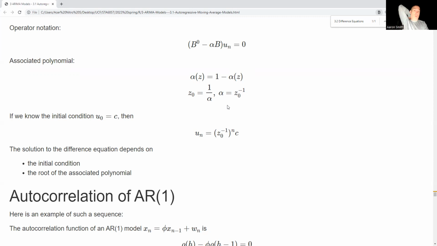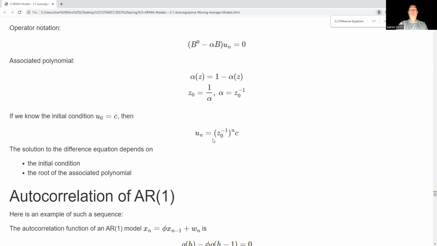Okay, so now let's say I knew the initial value was c, some given constant. Now, for this particular problem, it's not a very big deal. It's not very interesting. I'm trying to baby step into harder problems. So let's say I know that u sub 0 is equal to c. The very first baseline value is equal to c. That's our initial condition.